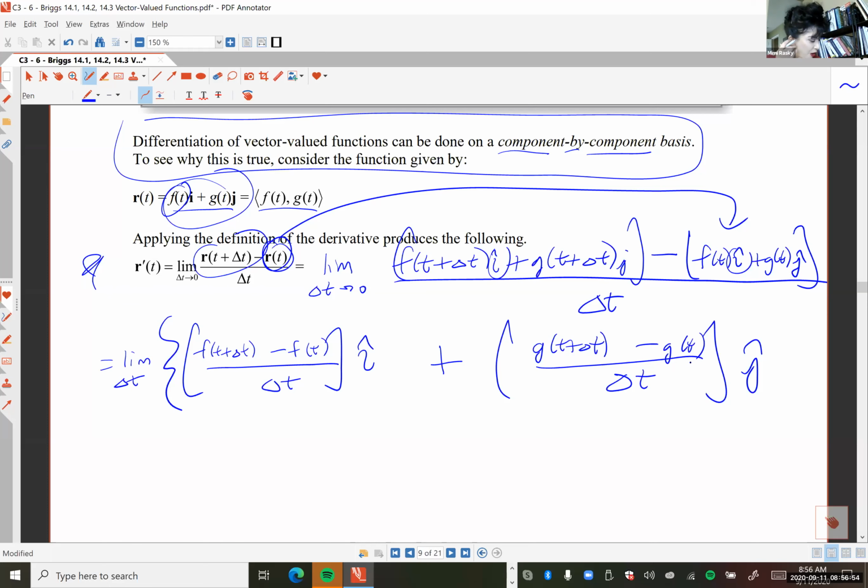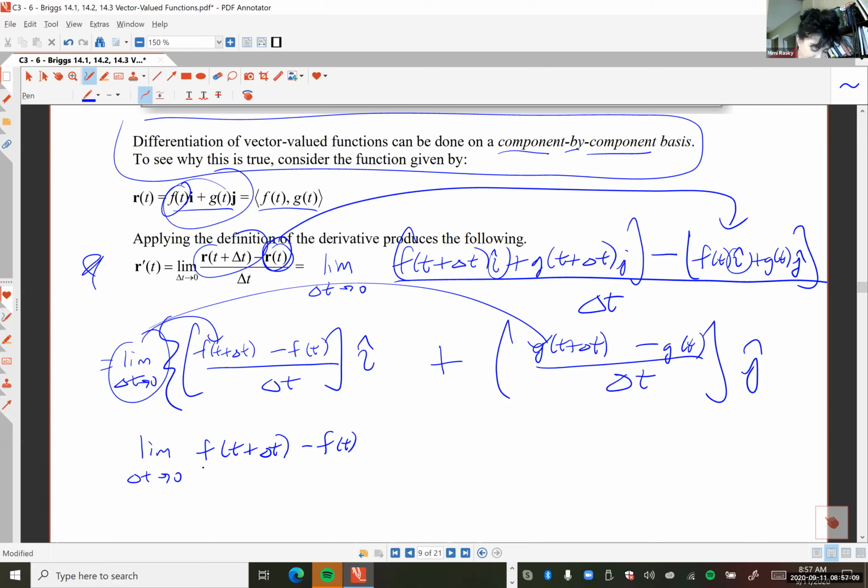So here's the part where you're now going to distribute this limit as delta t goes to 0. I'm going to distribute this limit over each of these separate components and see if anybody remembers this.